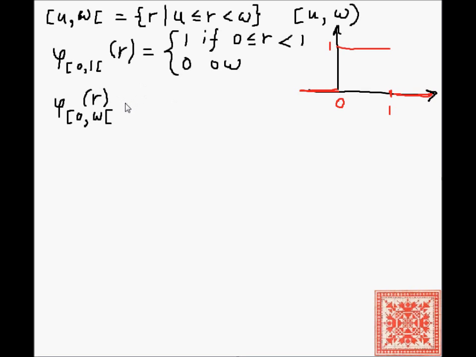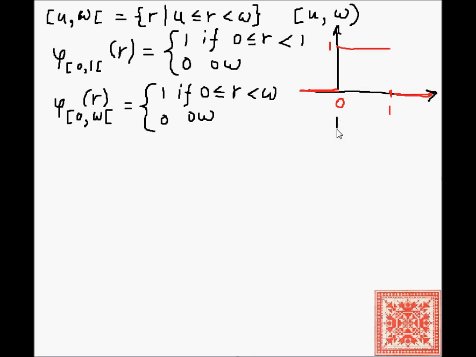This is not psi, I said psi earlier, so this is a different letter, phi of r, from 0 including 0 to w, excluding w, and it is equal to 1 if r is greater than or equal to 0 but less than w, and 0 otherwise.